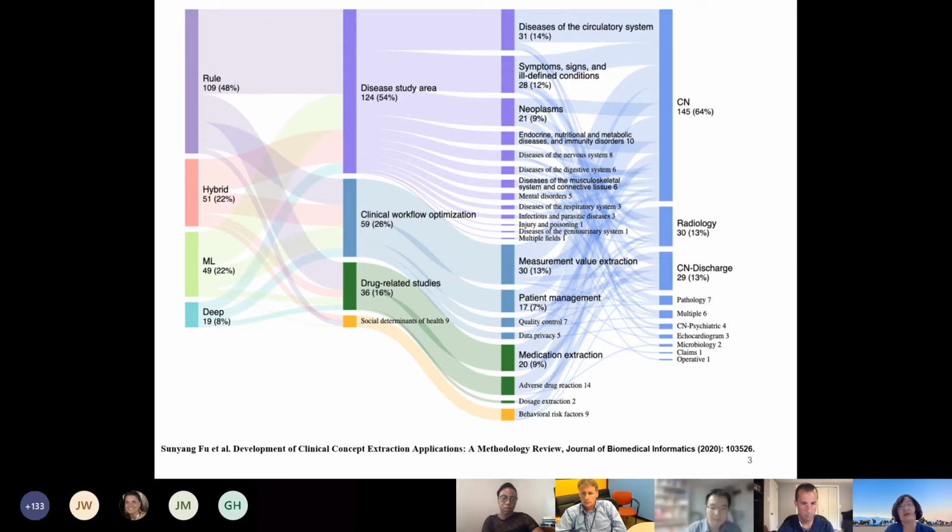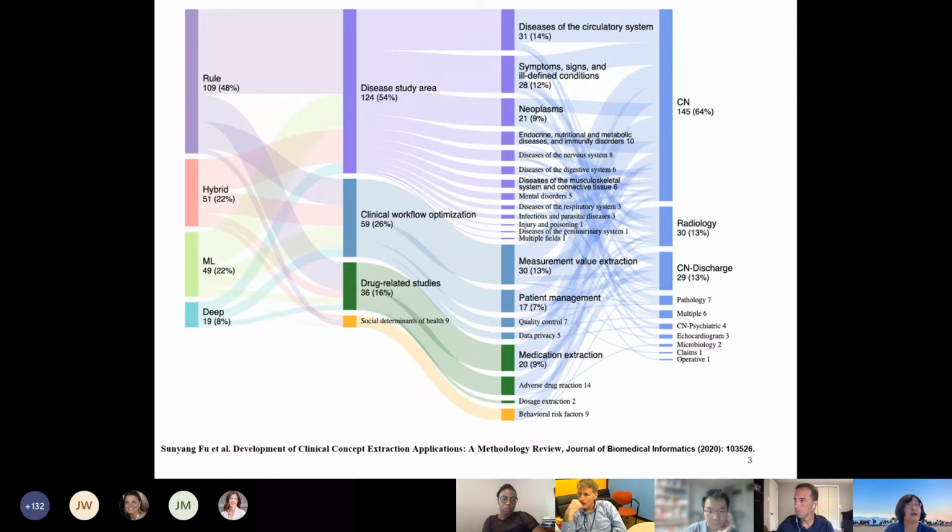This is a methodology review article in JBI last year, which gives you some glimpse of the different approaches used for extracting clinical concepts from the text, and what are the disease study areas and workflow, and what kind of disease they are talking about, or what type of document types those studies are about. I want to show you the left side.